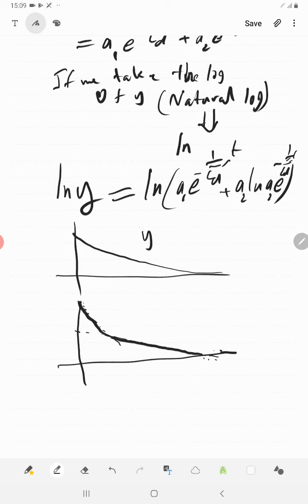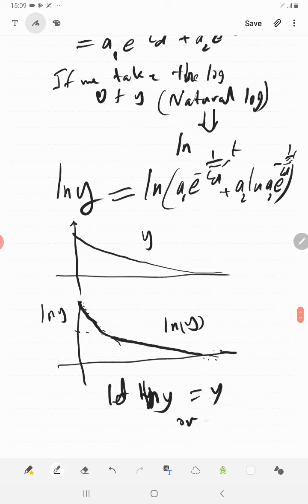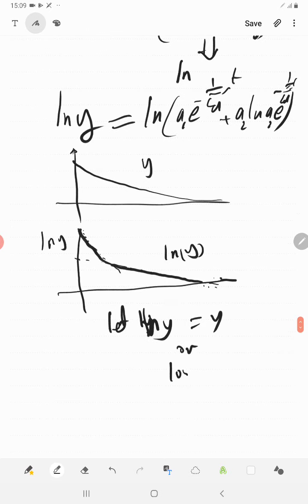This is ln y, so here is ln y, and here is y. Ln y, or we can call it y on a logarithmic scale. So we call it ln y.